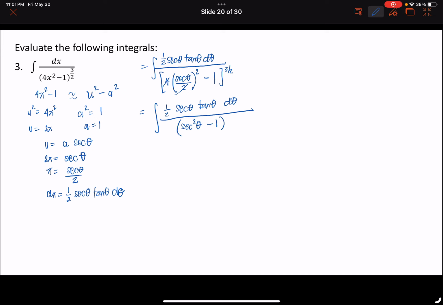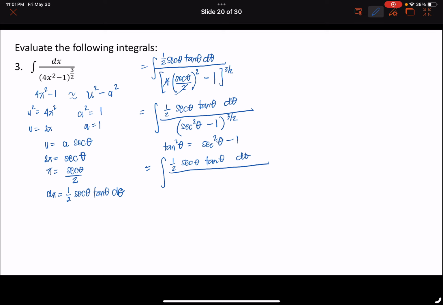Minus 1 raised to 3 over 2. Tangent squared theta is equal to secant squared theta minus 1. So therefore, we have the integral of 1/2 secant theta tangent theta d theta all over tangent squared theta raised to 3 over 2.